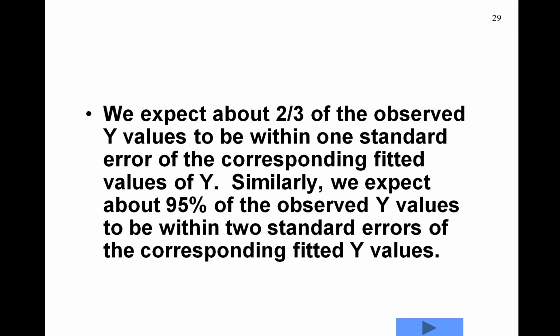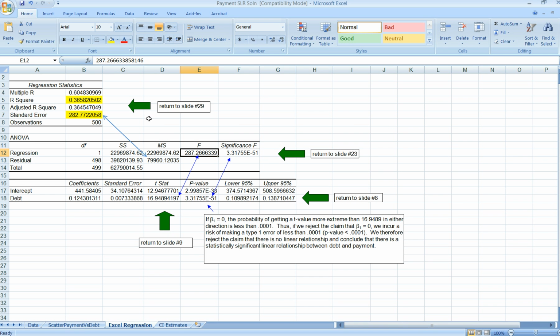And we can expect about 2/3 of our observed y values to be within one standard deviation of the corresponding fitted values of y, and about 95% to be within 2 standard deviations. And again, this is computed for us straight away up here in the top part of the output associated with the data analysis toolpack regression procedure.